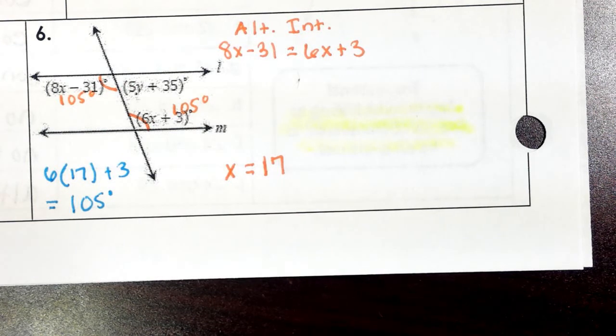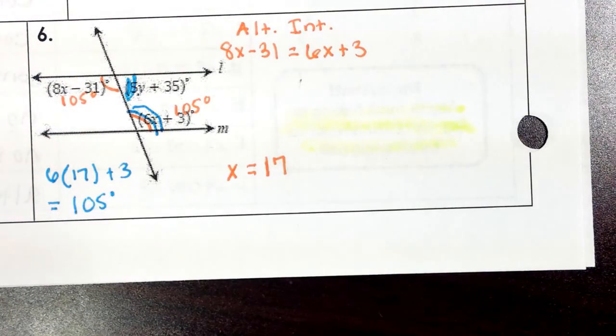Well, now that I know the value of the angle, now I can sit here and talk about a relationship. And you could look either way. Both of them are 105 degrees. So I could look at my relationship with y right here with this angle, or I could have looked at it with that angle.